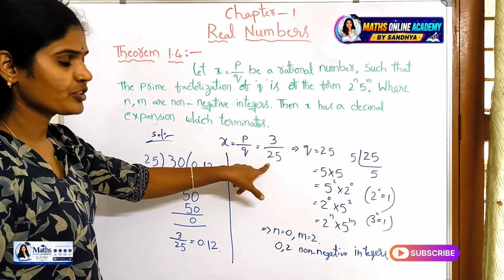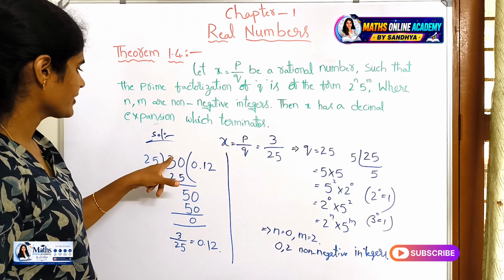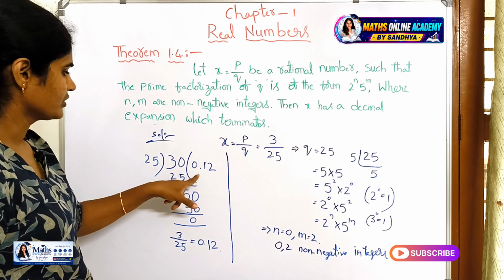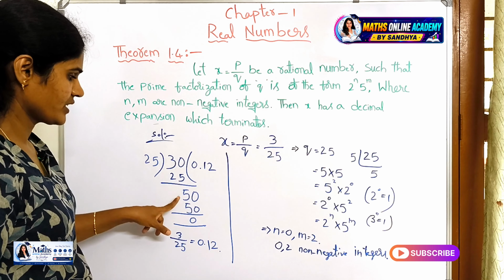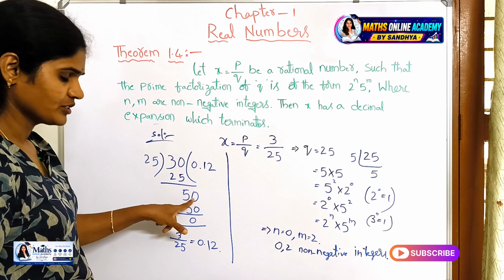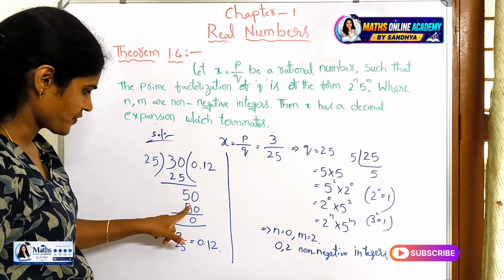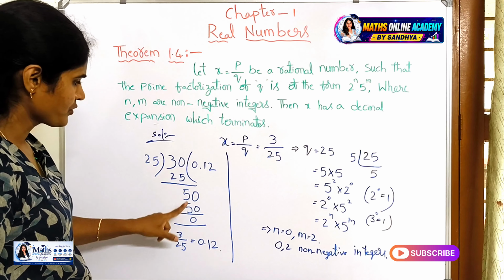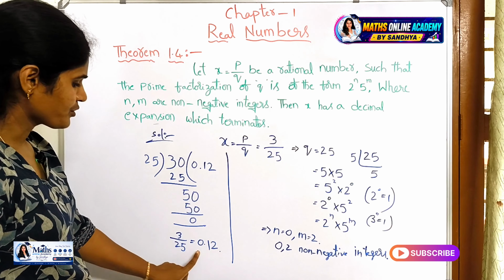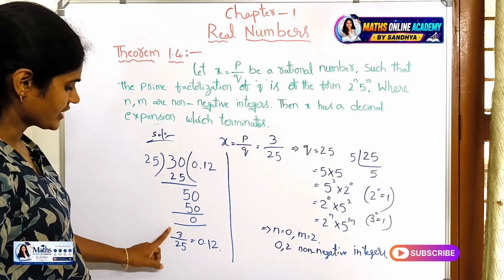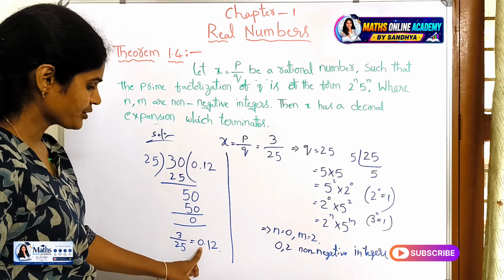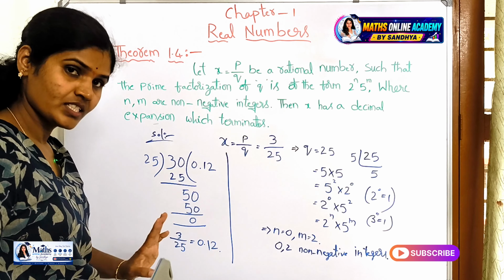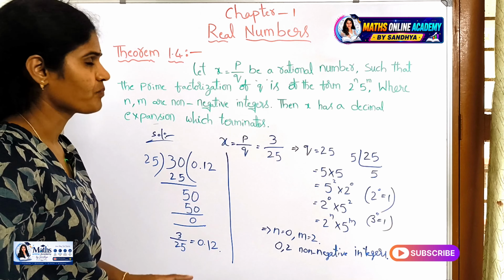So 3 by 25, 3 divided by 25. 0. 25 ones are 25. Remaining is 5. Again 0. 25 twos are 50. Remainder is 0. So the answer is 0.12. So 3 by 25 in decimal numbers is 0.12. This is a terminating decimal number.